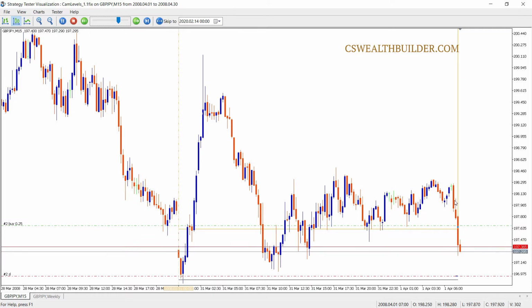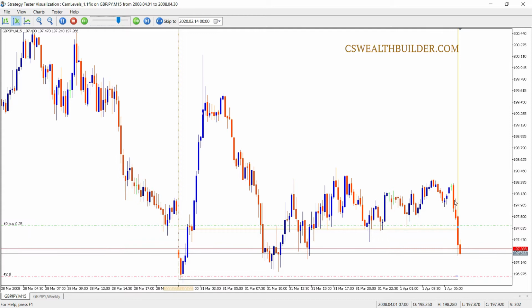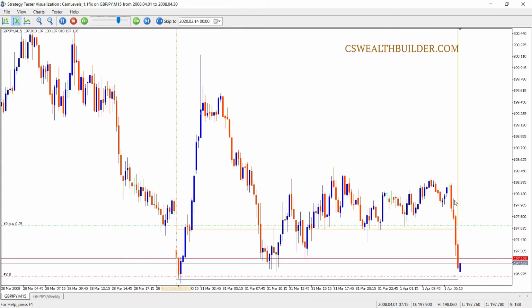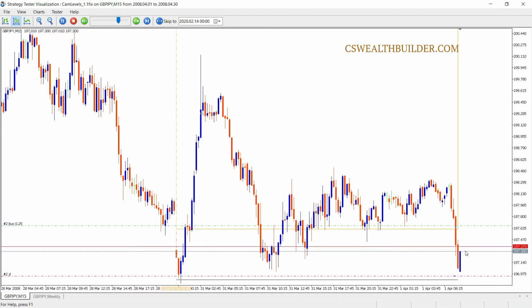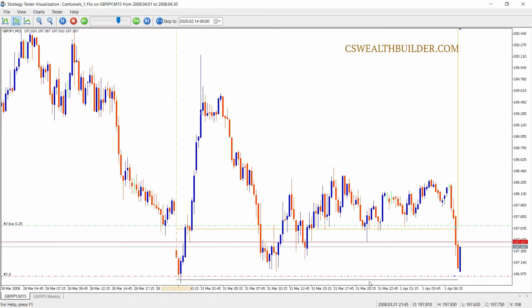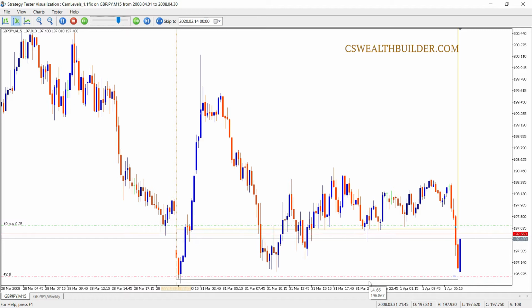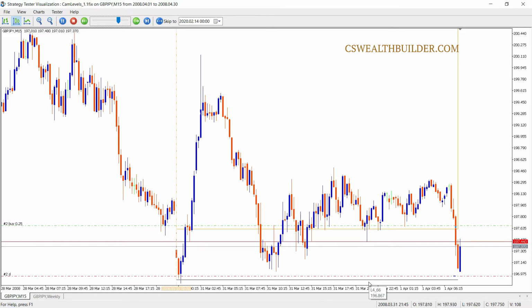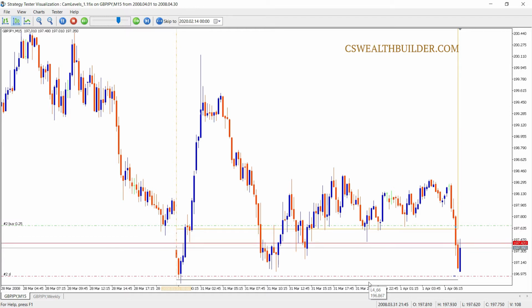So since the red line is under, for now, it limits our risk. If it goes under the red line, then we're going to have a loss. So let's see how it goes. So it's going up roughly where the robot said it will go up to now. Let's keep going.